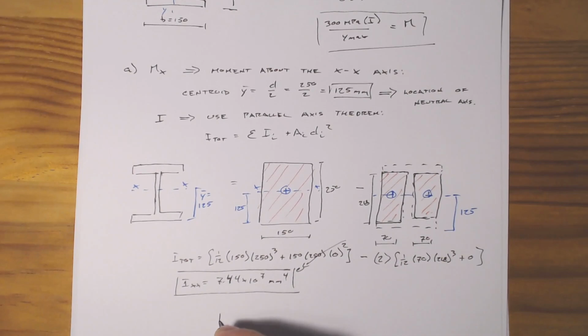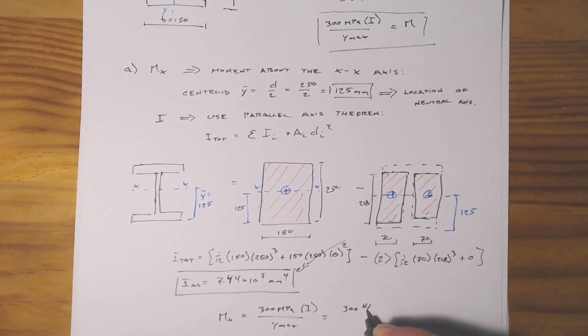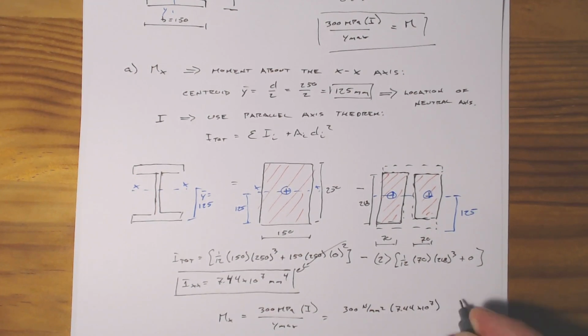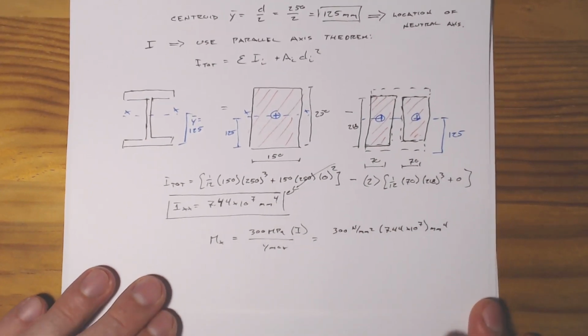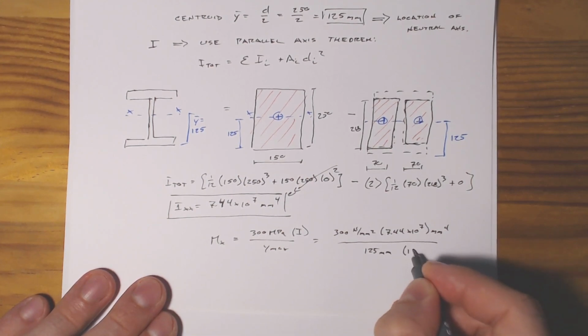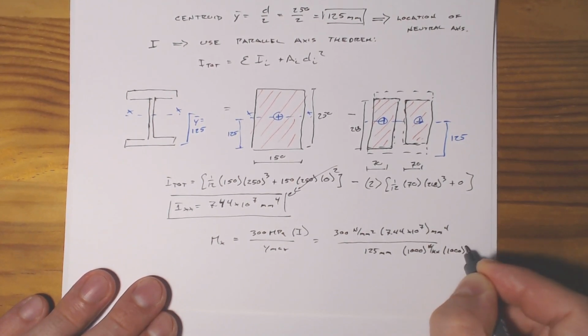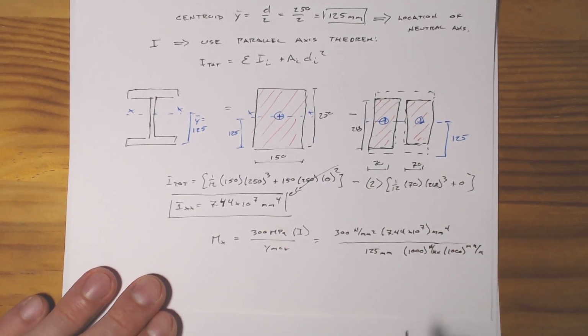So Mx, which will generate a 300 megapascal bending stress at the extreme fiber, is simply going to equal 300 MPa times I over y max, equals 300 Newton per millimeter squared times 7.44 times 10 to the 7th millimeters to the 4th, all over 125 millimeters times 1,000 newtons per kilonewton times 1,000 millimeters per meter, just to get us into kilonewtons and meter.